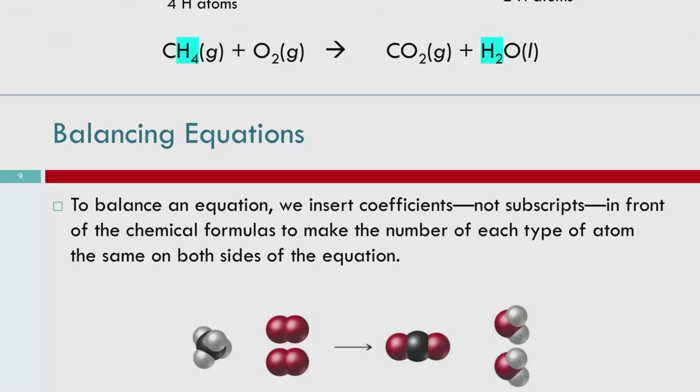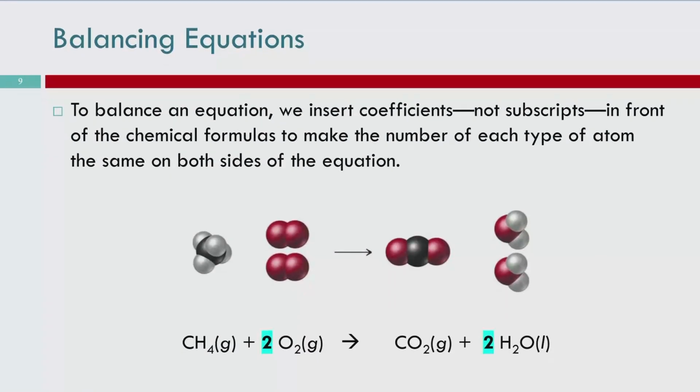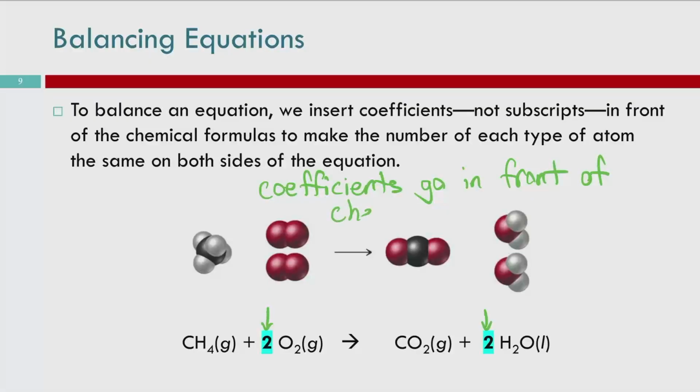In order to balance an equation, we can insert coefficients. The coefficients are like that 6 or 2 or 7 that we saw in front of the hydrate in the previous chapter. So the coefficients go in front of chemicals.